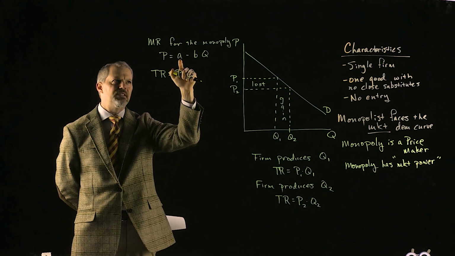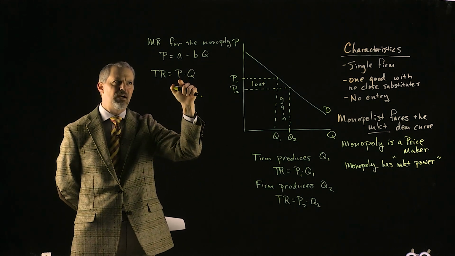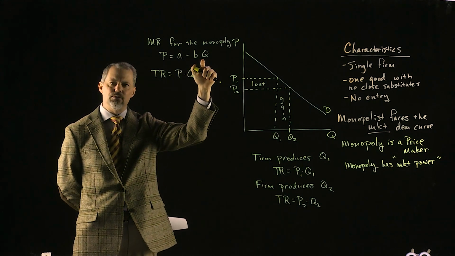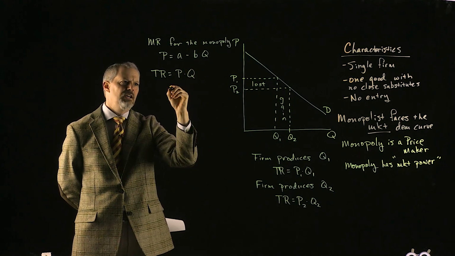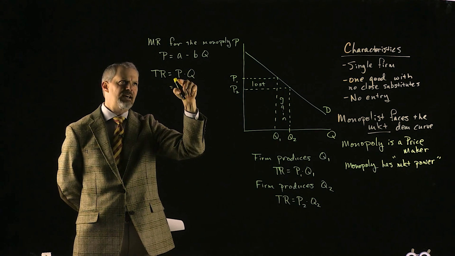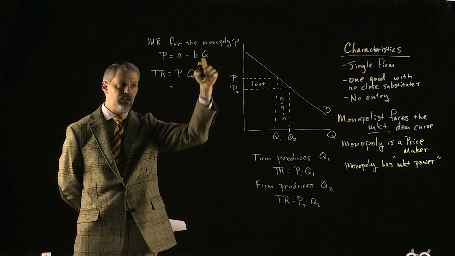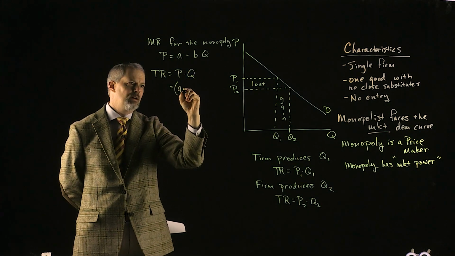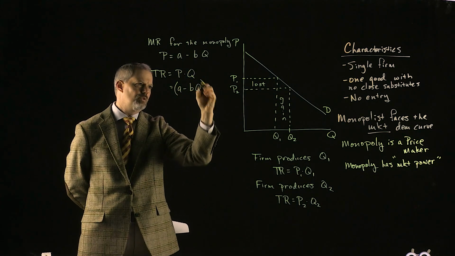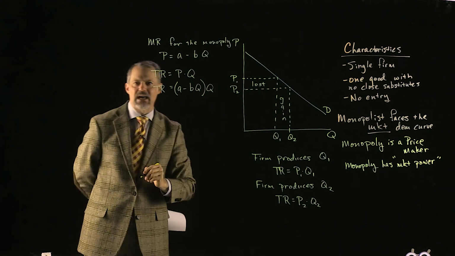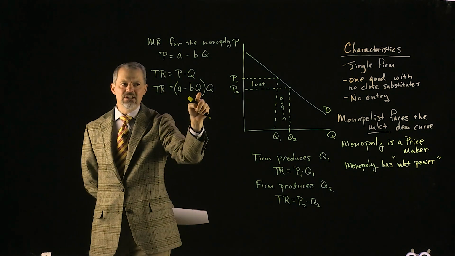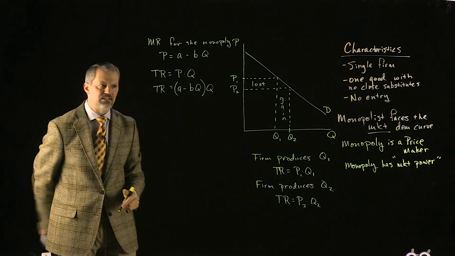It's a monopoly, so that P is a function of Q, a function of how much output the firm produces. So instead of just writing P, I'm going to plug in what it is: A minus B times Q, multiplied by Q. That's what total revenue looks like for a monopoly, because changing quantity changes its price.